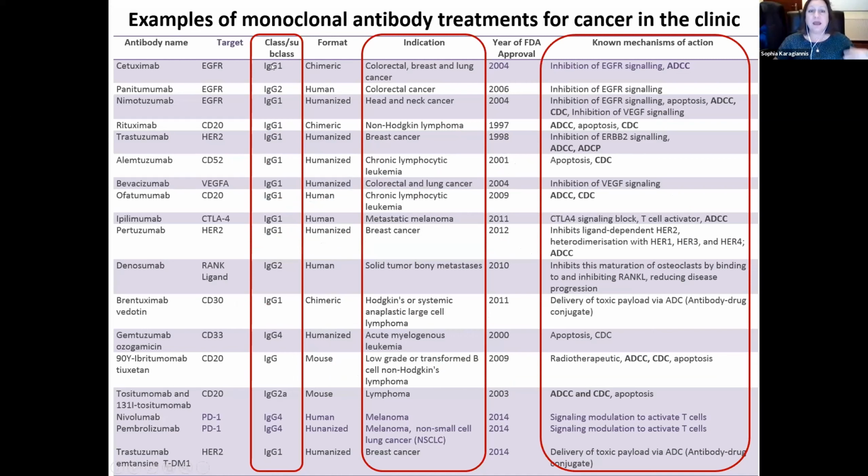Many tumors of a hematopoietic nature are benefiting from IgG antibodies, and solid tumors are also starting to emerge more and more, especially with the checkpoint inhibitor immunotherapy era that we are in.